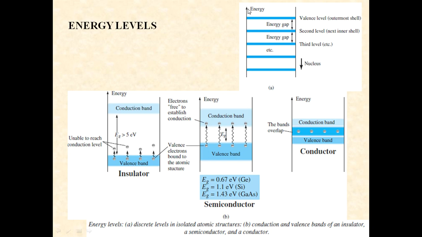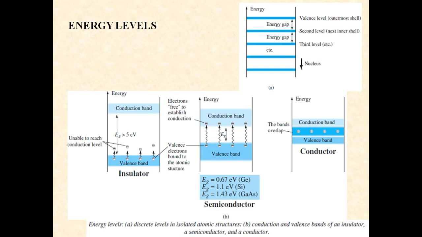Okay, but there is a gist here, which means if we want to ionize any atom, it is much easier to extract or remove the outermost electrons that are present in the valence shell.